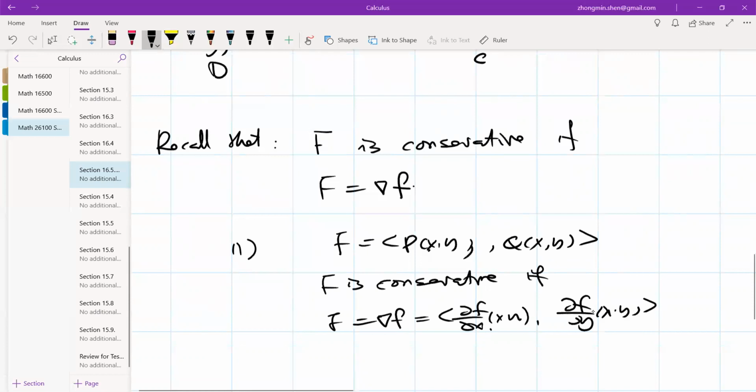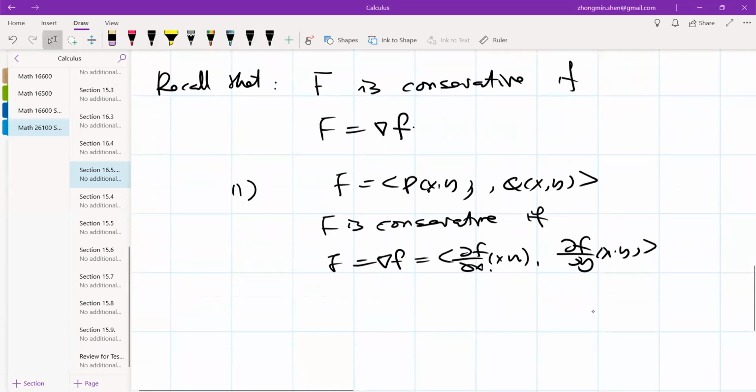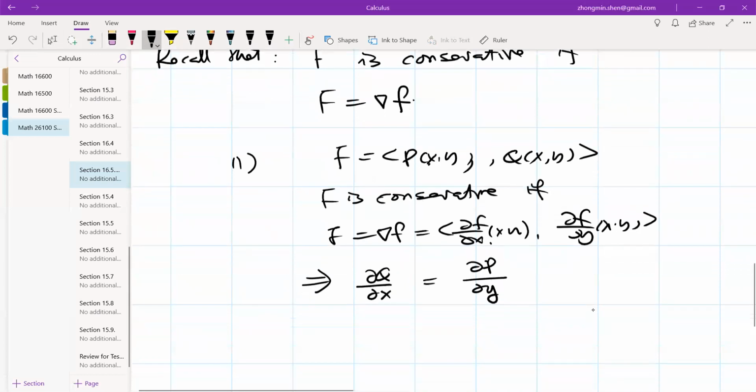Using that, you conclude the necessary condition: the partial derivative of Q with respect to x equals the partial derivative of P with respect to y. If it's conservative, P and Q must satisfy this condition.